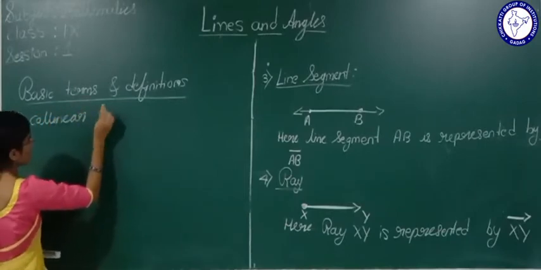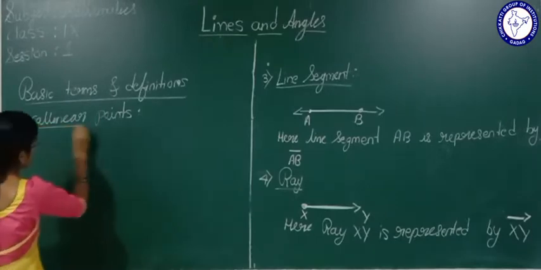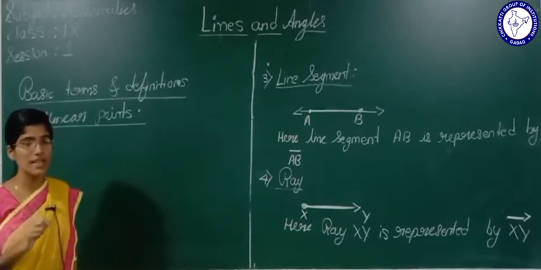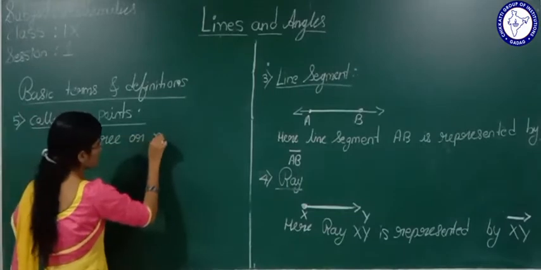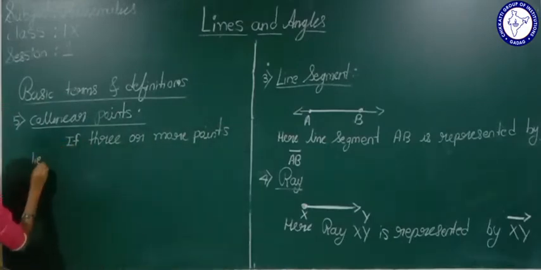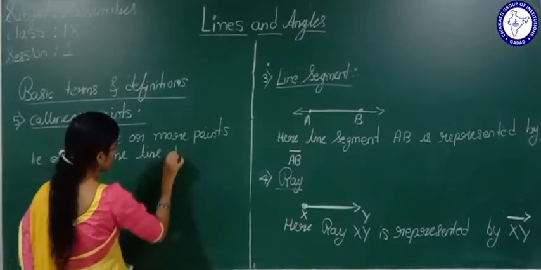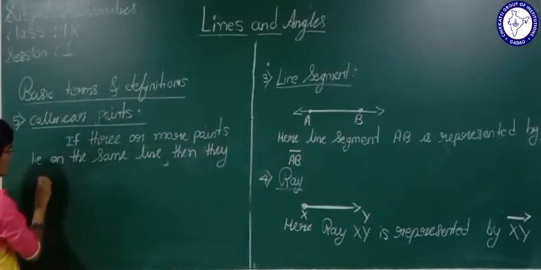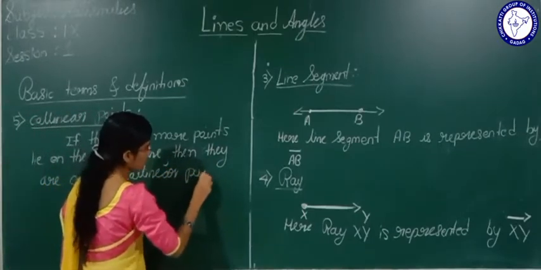Collinear points. If three or more points lie on the same line, then they are called collinear points.